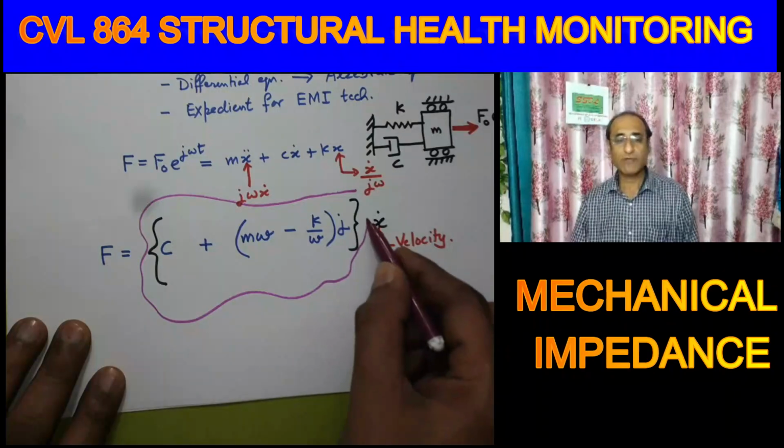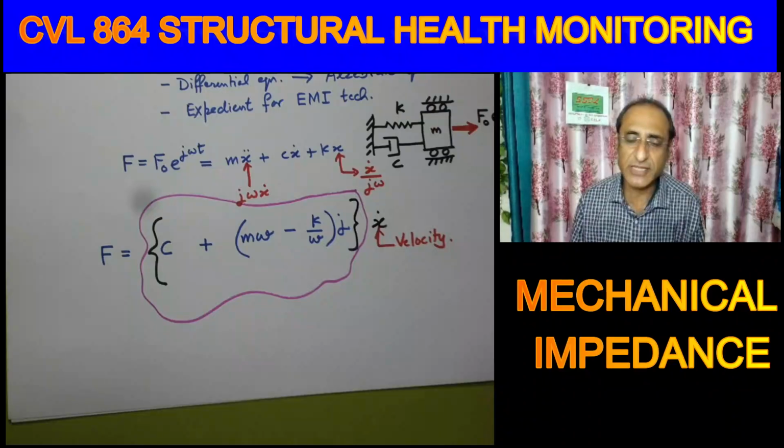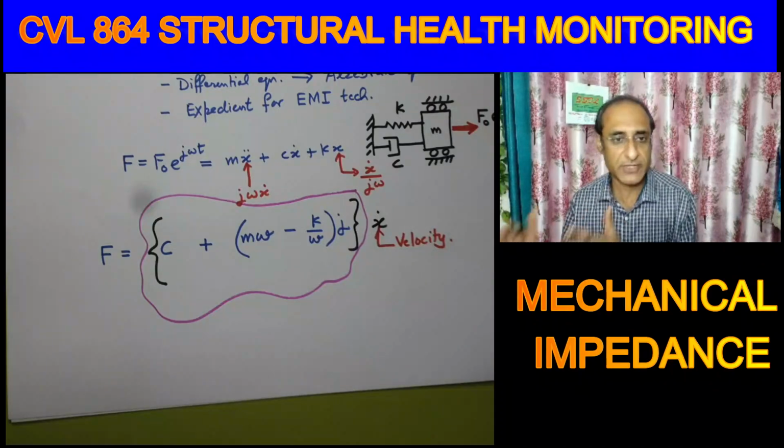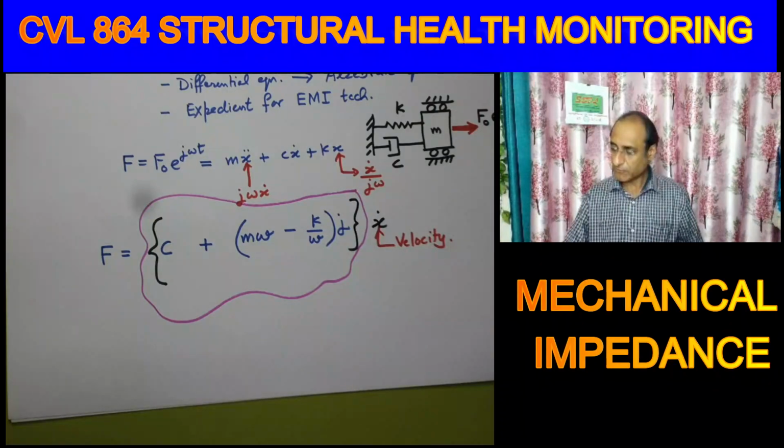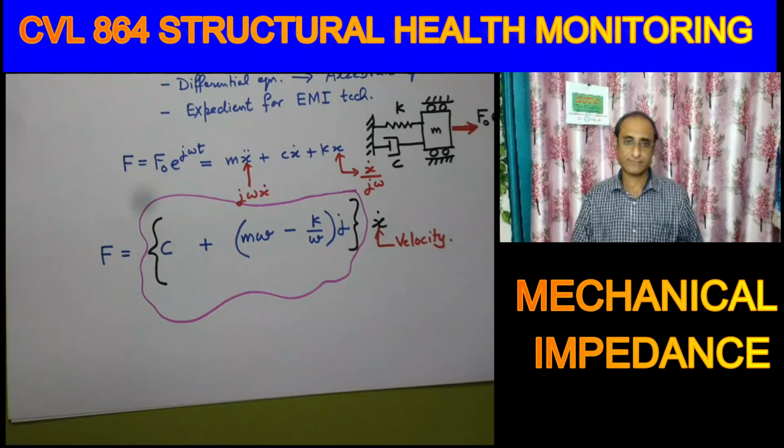Earlier, when we were expressing everything in terms of displacement, we were getting some kind of equivalent stiffness. Now we are getting something else. So what is this? Equivalent damping. Yes, equivalent damping, and this is called impedance, mechanical impedance.